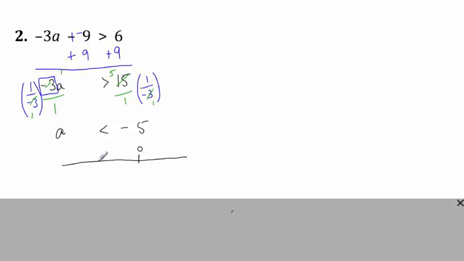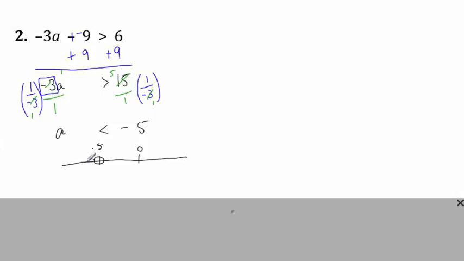So I'll make my number line. And since negative 5 will not make the inequality true, because it has to be less than negative 5, I start by putting an open dot on negative 5. This shows that we cannot include negative 5. But we can include any number less than negative 5.